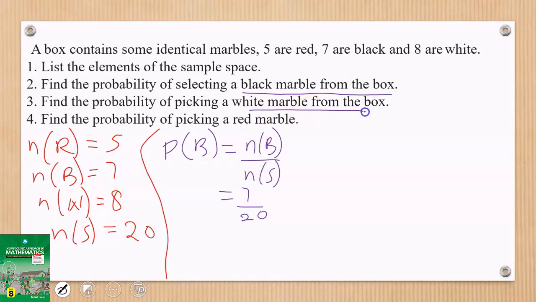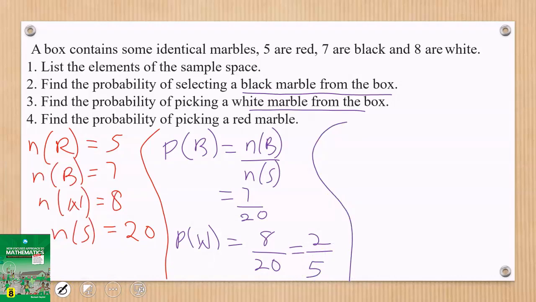Then we are looking at the probability of picking white balls. The probability of white also becomes the number of white, which is 8, over the number of sample space, 20. And that can be reduced, as 4 can divide 8 as 2 and 4 can divide 20 as 5.